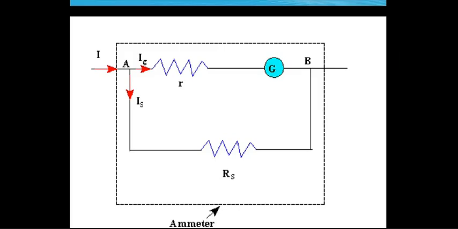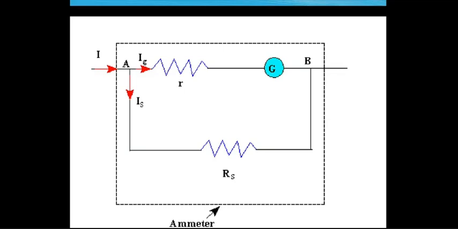If the total current to be measured is capital I, and you want the galvanometer current Ig to be less than 100 microampere or at the most 100 microampere, then it is obvious that the current flowing through the shunt resistor Is should be I minus Ig, right? And on top of it, Ig multiplied by r should be equal to Is multiplied by Rs.